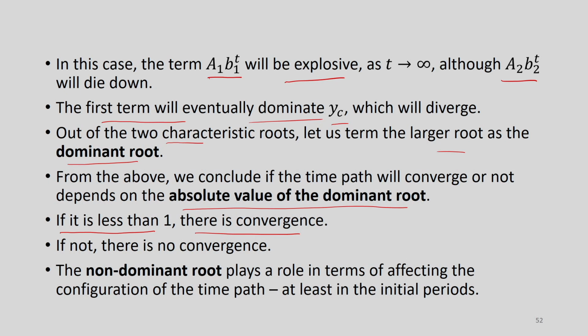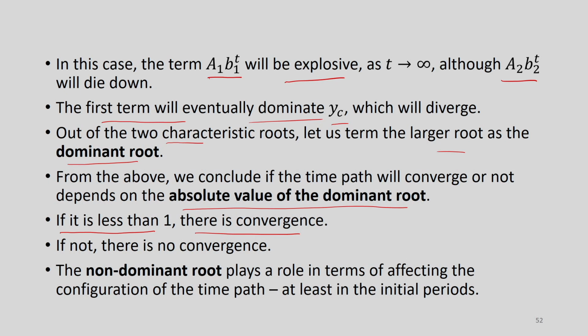What about the role of the non-dominant root? The non-dominant root, that is the smaller root in absolute value, plays a role in affecting the configuration of the time path, at least in the initial periods, because it has a kind of additive influence on y c.